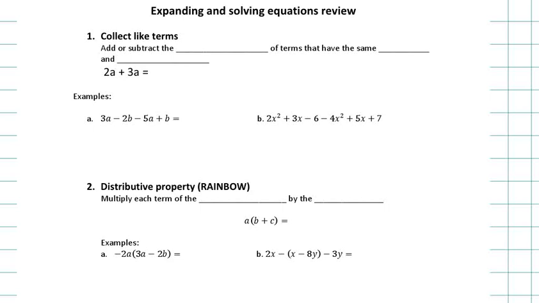It doesn't have to have the same coefficient, but it does have to have the same variable and same exponent. That's right. So if I have x and then x, these are like terms, right? Because they both have x and the exponent for the x is 1. Okay? So these are called like terms.